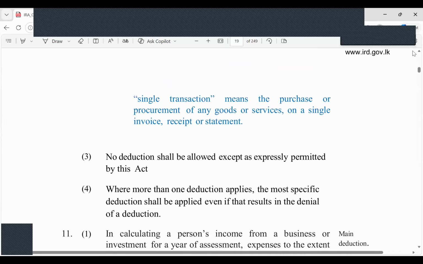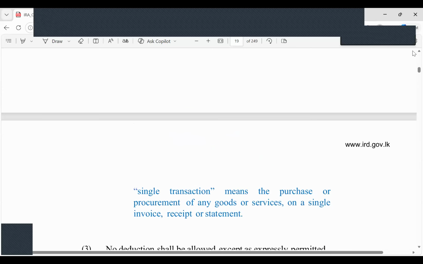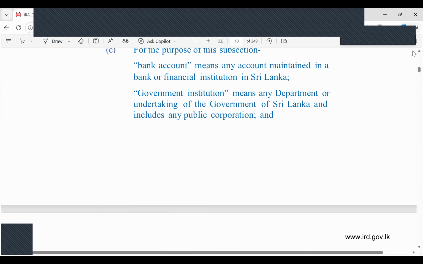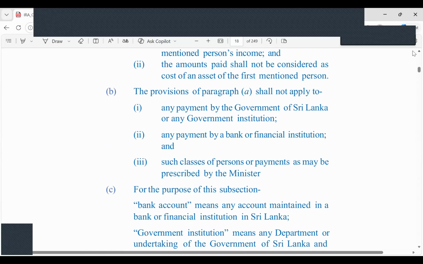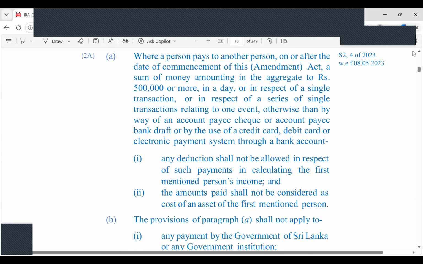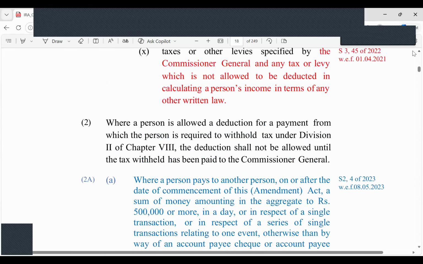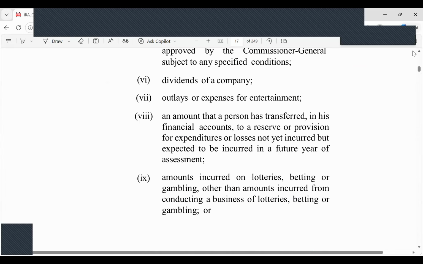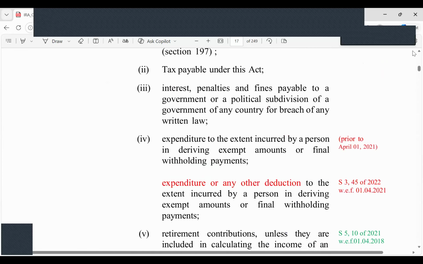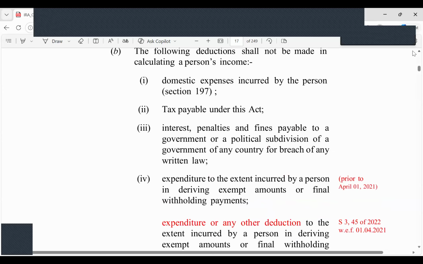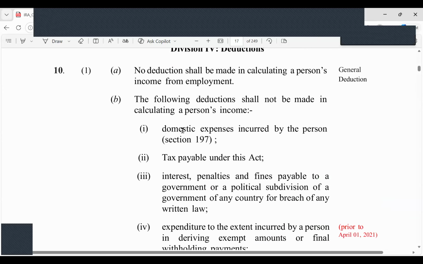So I think now you can understand, and now you can read that also, so you know how it is available in the Act. So for the domestic expenses, we have a specific definition under section 195.